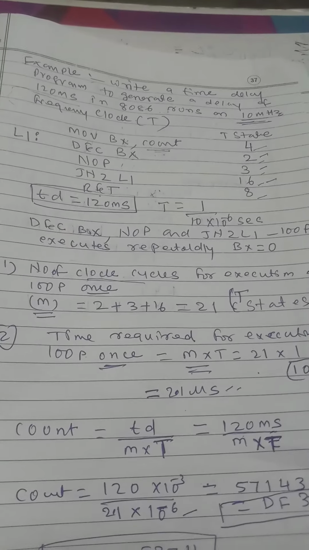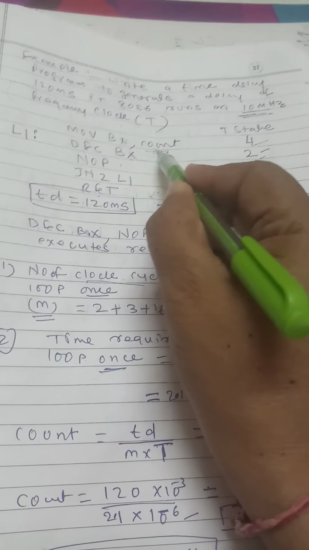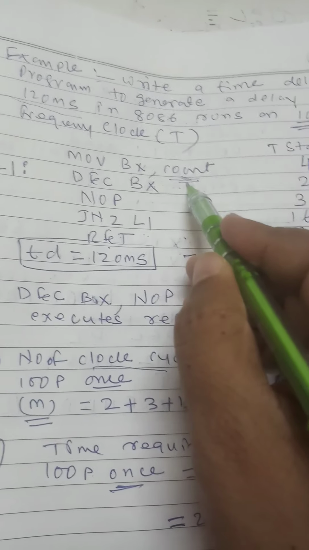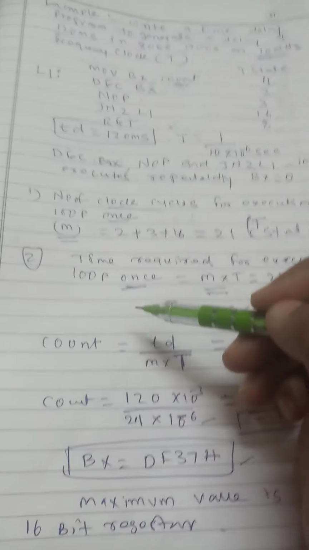From this, let us calculate the count value. If we put that value in the count, this much delay will be generated by the code.